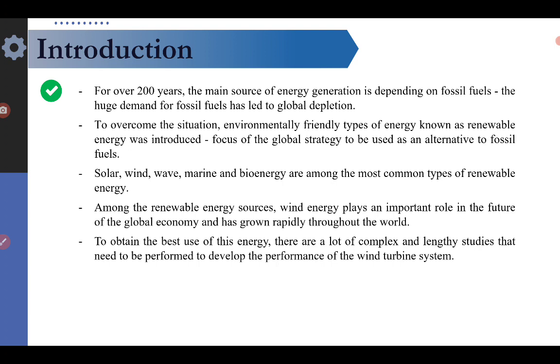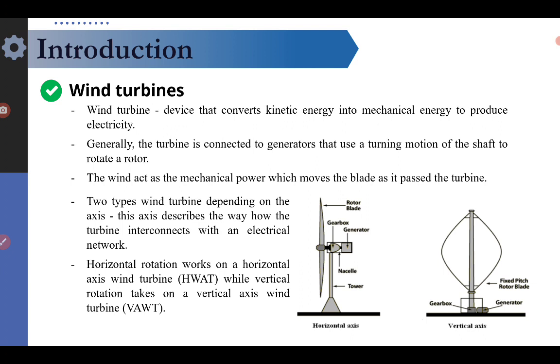However, to obtain the best of this energy, a lot of complex and lengthy studies need to be performed to develop the performance of a wind turbine system. A little bit of information about the wind turbine: basically, a wind turbine is a device that converts kinetic energy into mechanical energy to produce electricity. There are two types of wind turbine.